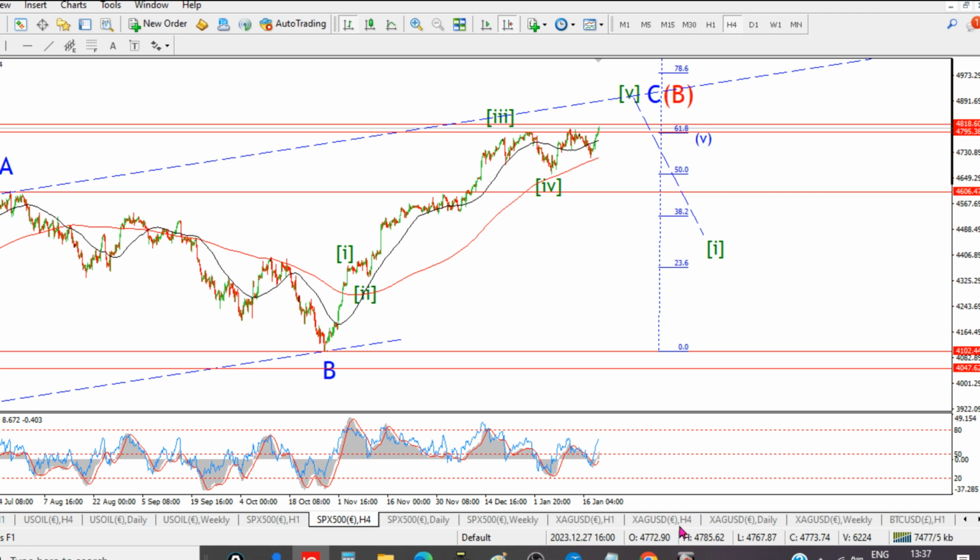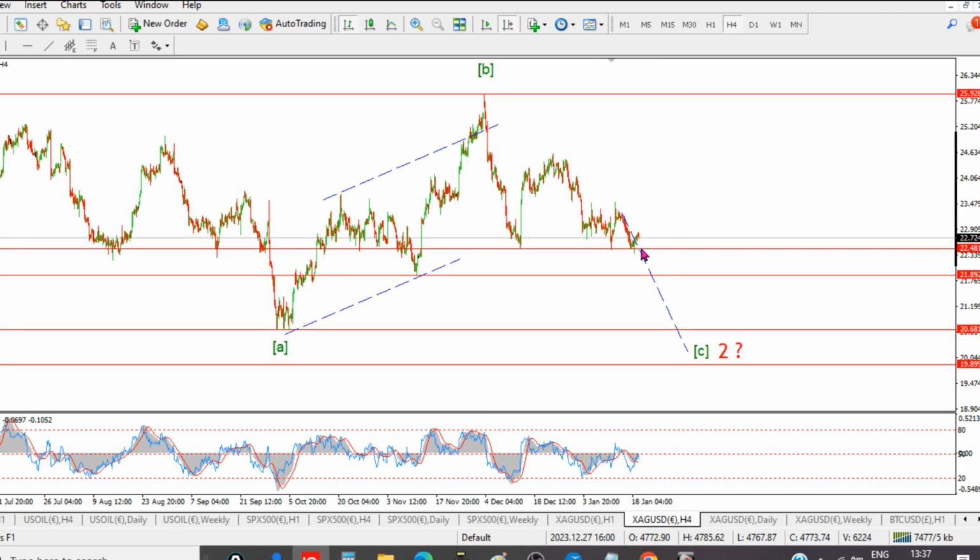Okay, let's move on. Silver, we have hit a kind of a confirmation this week. We came down far enough to break the previous low, so we haven't done that in gold yet. So this B wave top, I think, is pretty much secure at this point.